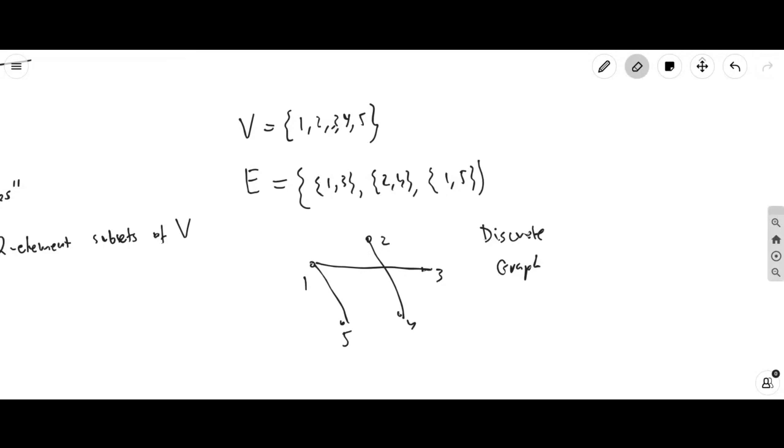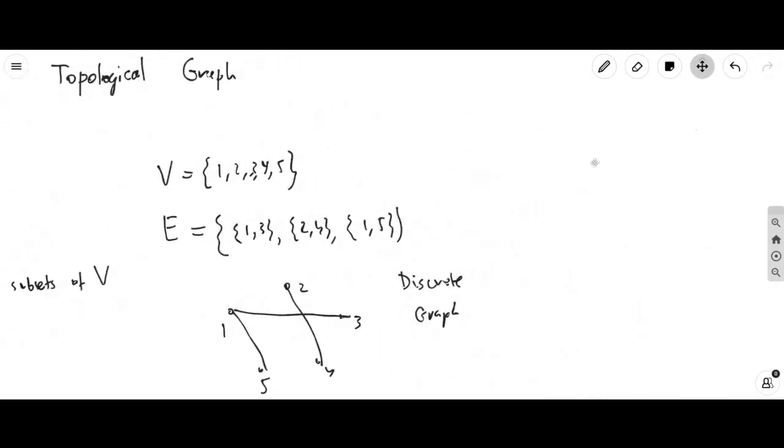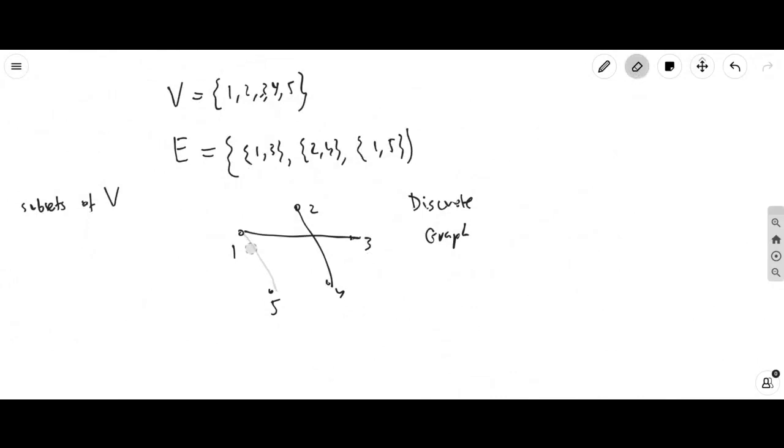This is probably the way you've seen a graph defined before. But we're going to be doing topology, and we're going to define a graph a little bit differently. It would be kind of similar to this, but it's going to be defined differently. In a topological space, we will actually care about the points along the edges as well. The edges are not just drawn visually to show the relationships, they're actually part of your space.